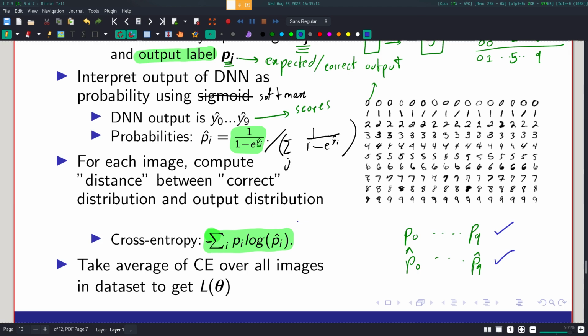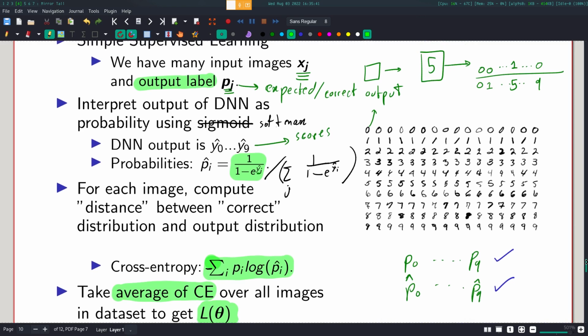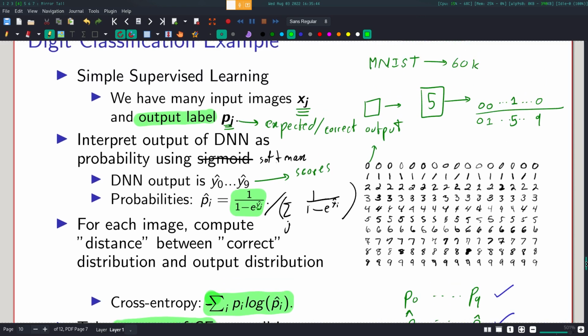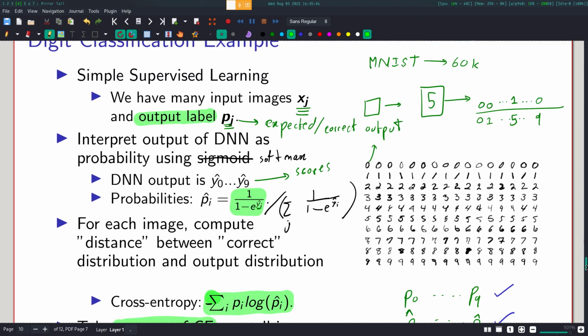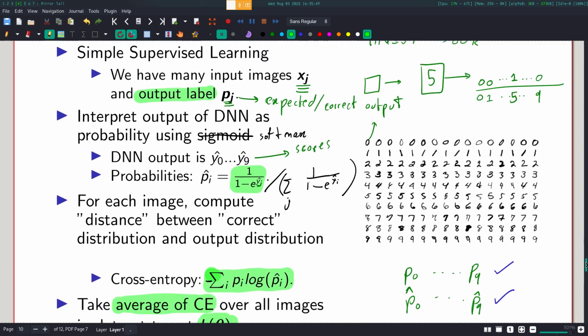With this we have a measure of distance between the two distributions, and once we take an average of this cross entropy over all of the input images that we have, we get our loss function in this case. I realize there are a lot of details here, but I wanted to give you a flavor of what you would do step by step in this example, as something you can follow.